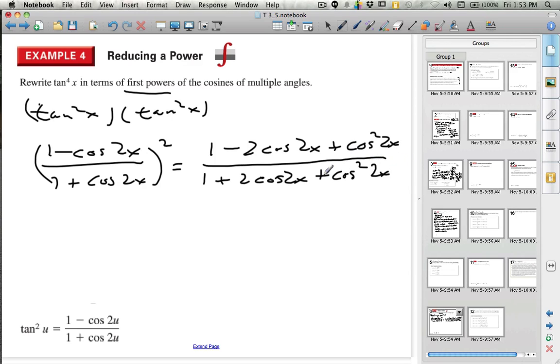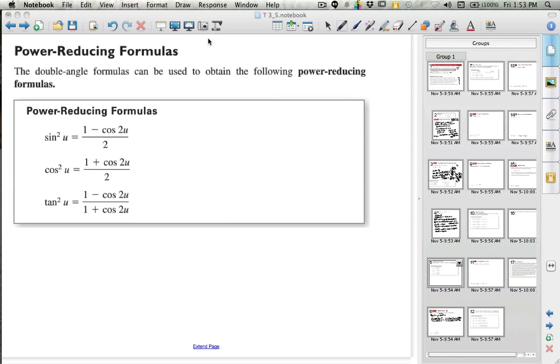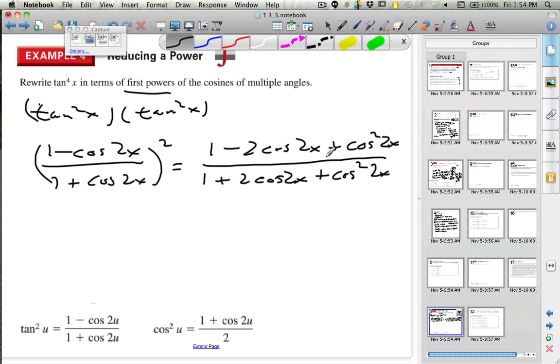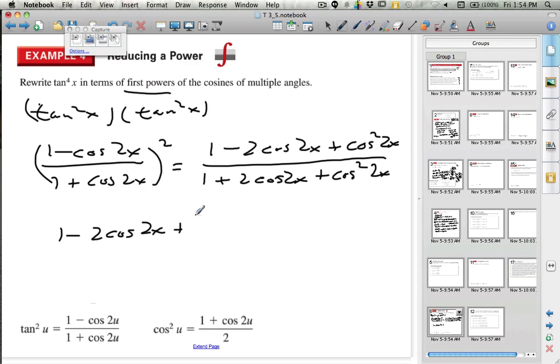So now we'd want to go back and look at the power reducing formulas again, only this time we want to reduce cosine squared. So let's bring this out. And what I'm going to want to do is put this in place of my cosine squared in each case. So I'll have 1 minus 2 cosine 2x plus 1 plus cosine of 2 times u.